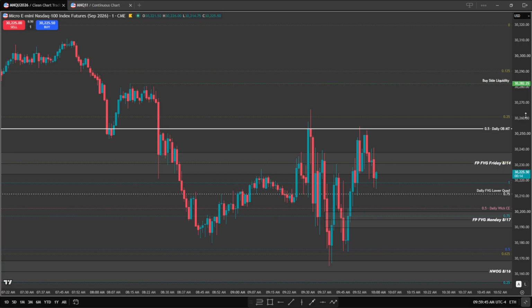So there's no news at all this entire week. There's FOMC minutes, I think, on Wednesday, but that's not important. That's technically labeled as high impact, but it's not really that important.